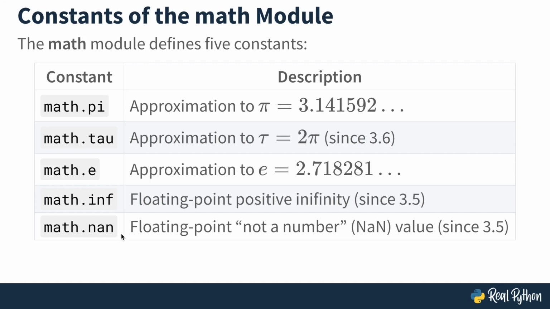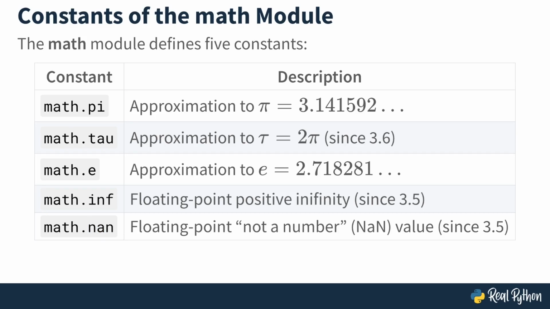The other conceptual type of constant is nan, and nan is there to represent the idea of not a number. This comes up sometimes when you're doing a numerical computation and maybe your data gets corrupted in some way, or you do an invalid mathematical computation, like say dividing by 0, then a lot of programming languages will return a value of nan, or not a number.